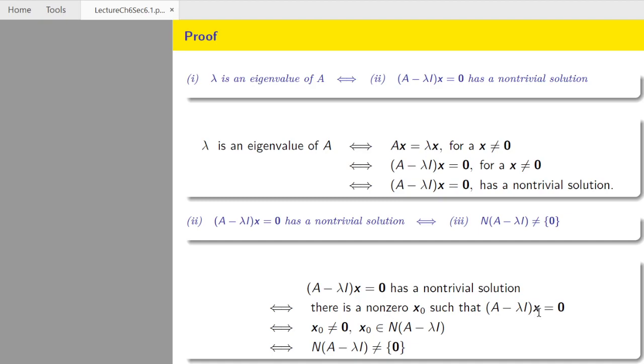Here x should be x0. That's equivalent to saying x0 belongs to the null space of the matrix A minus lambda I. And that's the same as the null space of the matrix A minus lambda I not equal to the zero subspace.